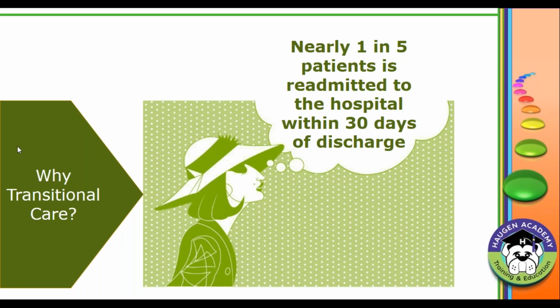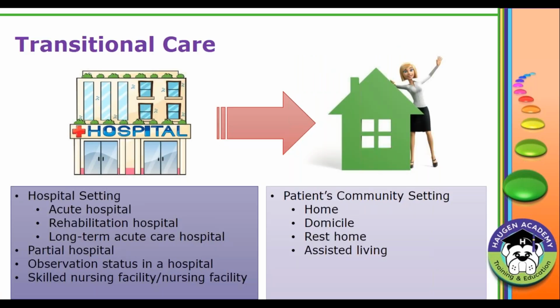So let's go ahead and go into more transitional care and what that means. This is defined in the CPT book, but it's really the services that are provided to patients that are transitioning from an inpatient hospital setting, and that could mean a variety of different things, and then to their community setting.